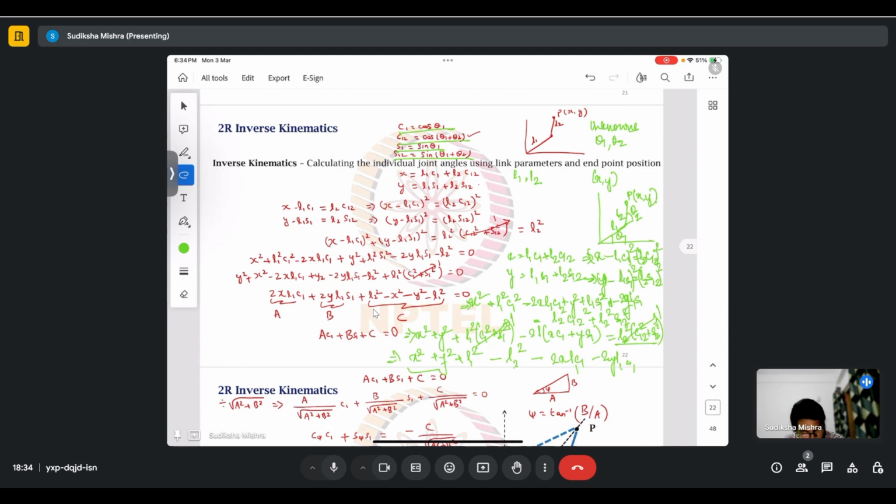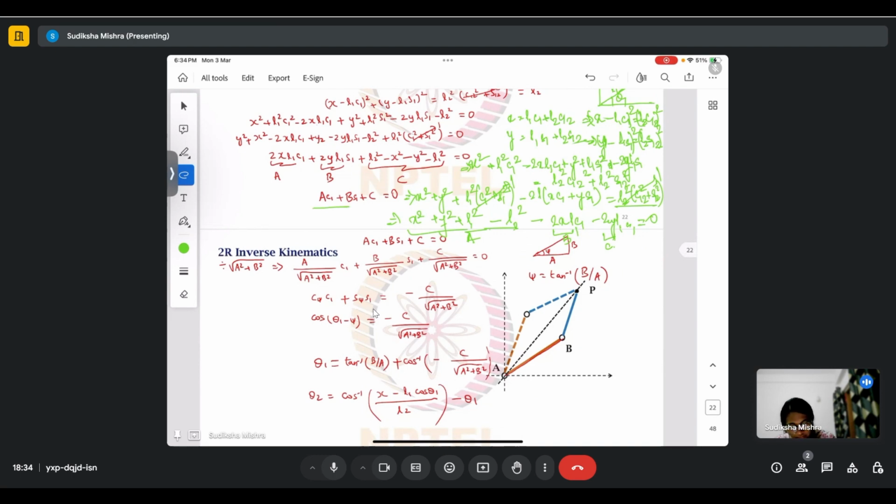Now assume this particular term to be C, this to be A, and this to be B. So you end up with something like this: A C1 plus B S1 plus C is equal to 0.